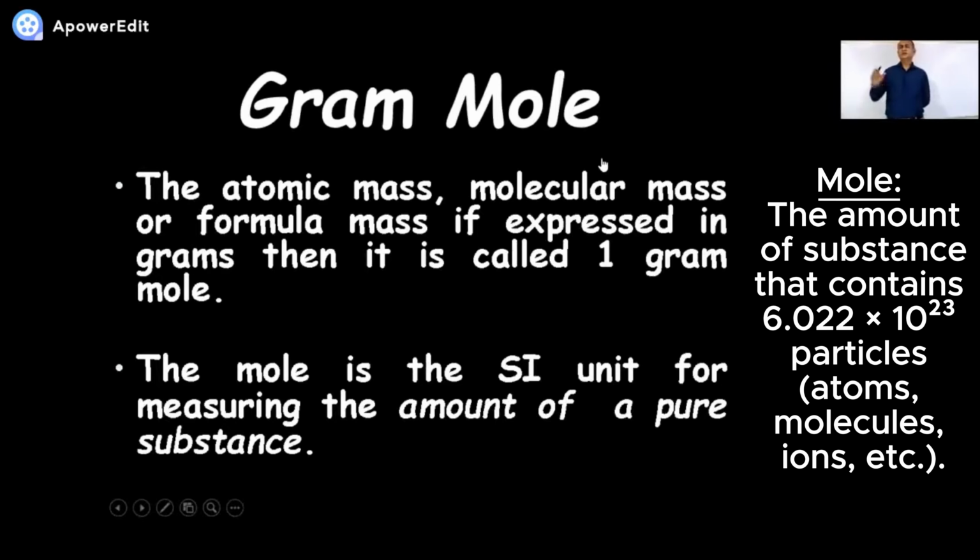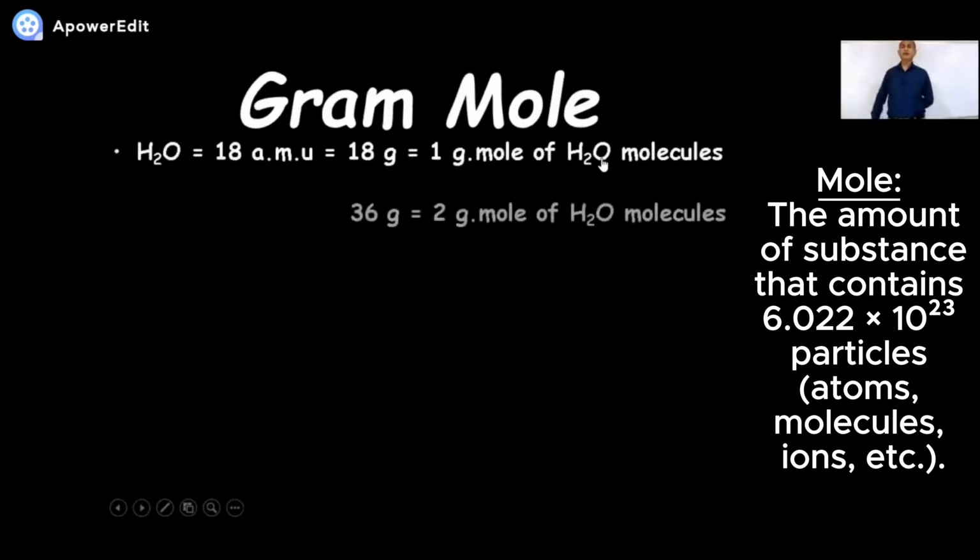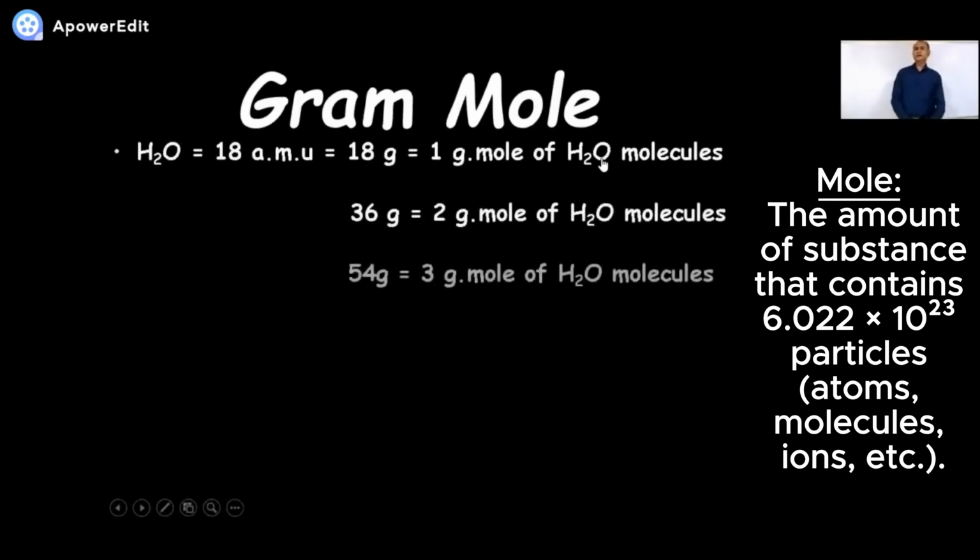The scientist will say that this glass contains this many moles of water. For a common man, grams. A chemist will use the term mole or gram mole. All right, what is the symbol of mole? M-O-L. So we did it yesterday.